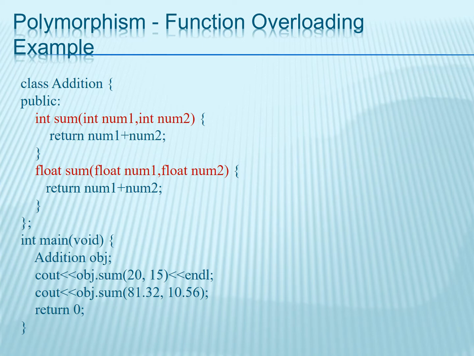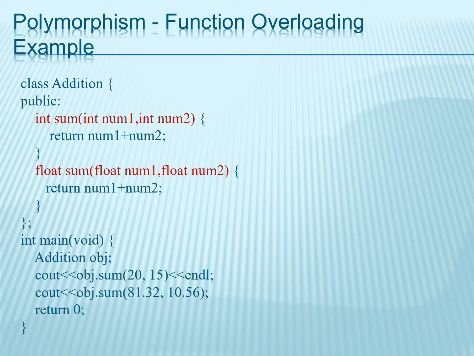Here is an example of function overloading in C++. The class addition has an overloaded function sum. The first definition of sum receives integer variables and returns the sum of the integer variables.